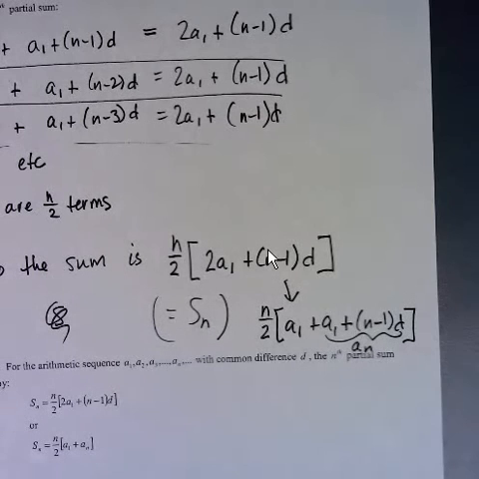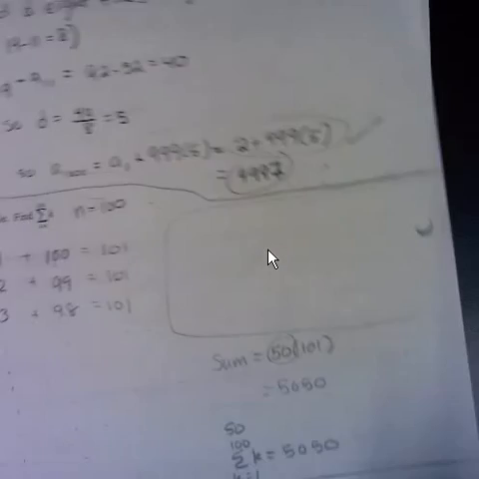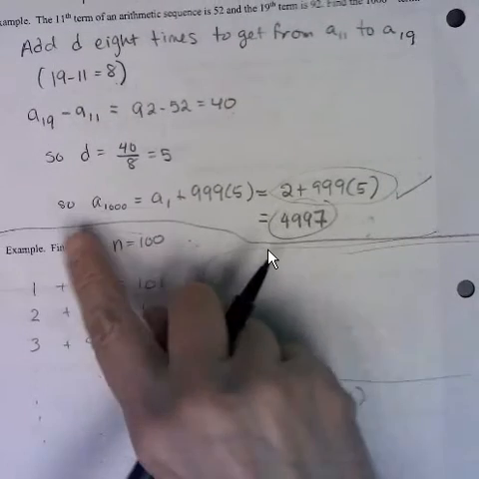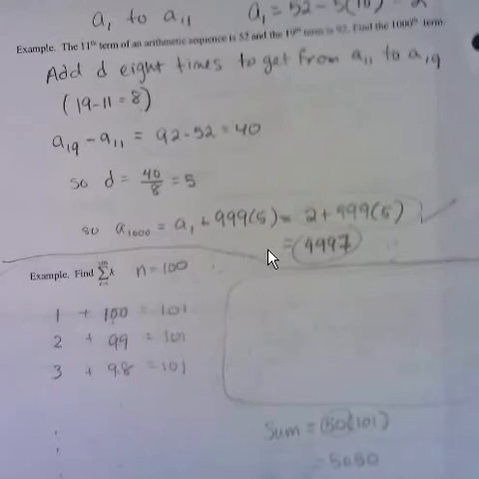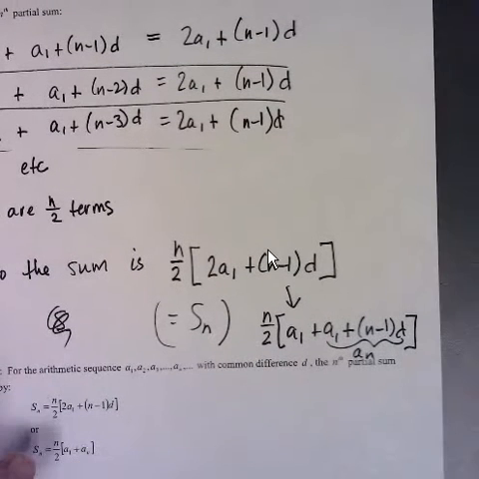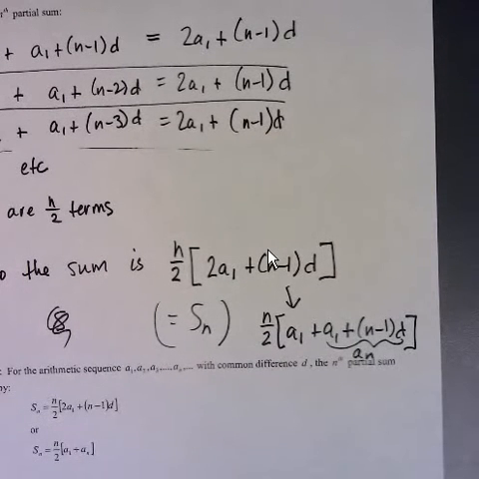The first number is 1, the last number is 100. Add those up and then multiply times n over 2. There would be half of those, so that would happen n over 2 times.